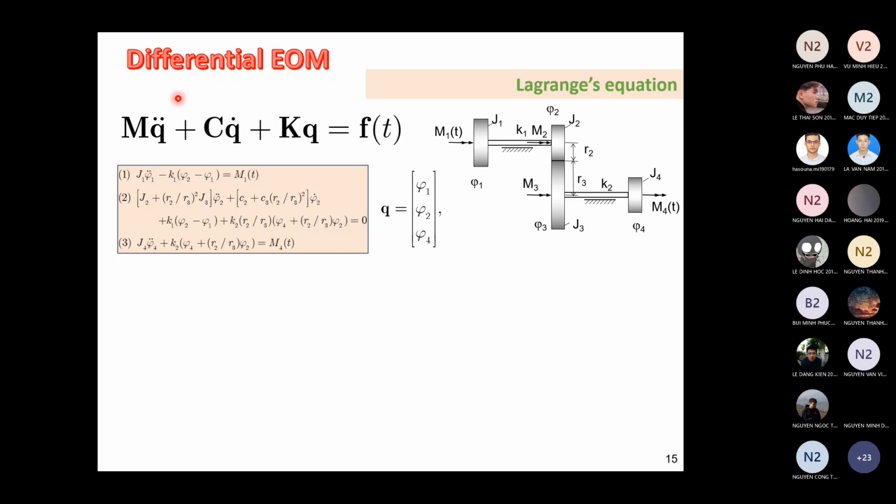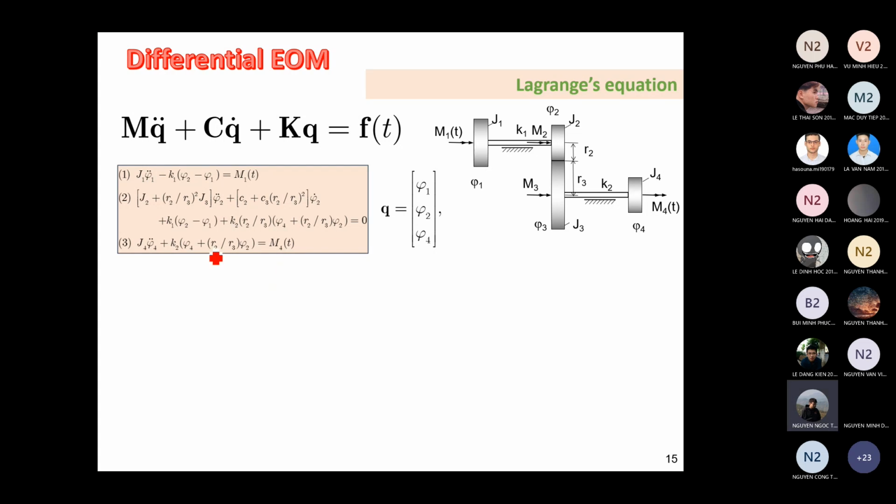Okay, so what is the M matrix? Based on this equation, can anyone calculate it for me? Read me the matrix M. The first is J1.